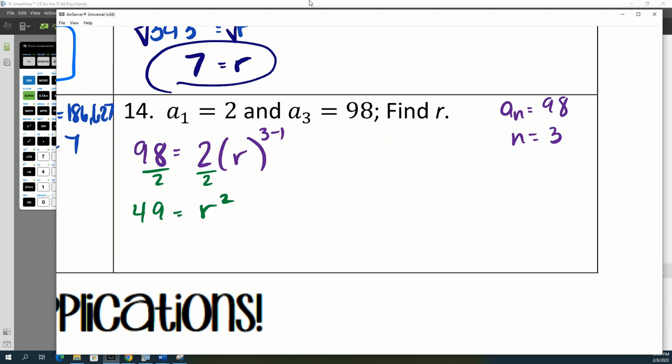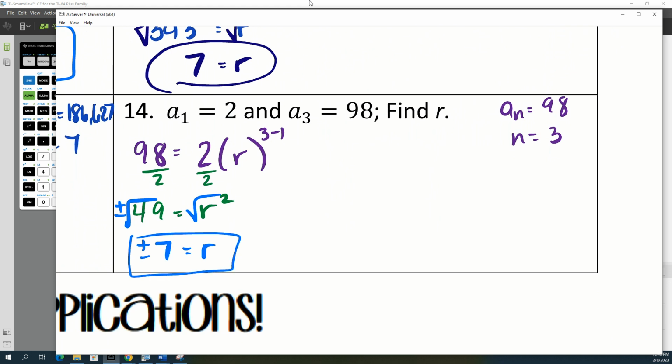All right, and how are we going to get rid of this square? Square root. Now be careful. When it's a square root, you actually have to take the positive and negative square roots. So there's actually 2 things r could be. It could be 7 or it could be -7. So we could do 2 times 7 times 7 again and get 98, or 2 times -7 times -7 and get 98. So it could be either one.